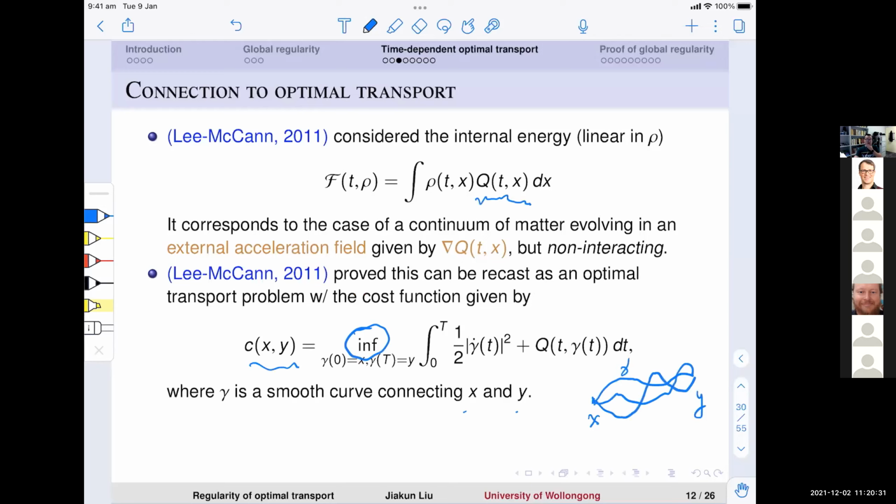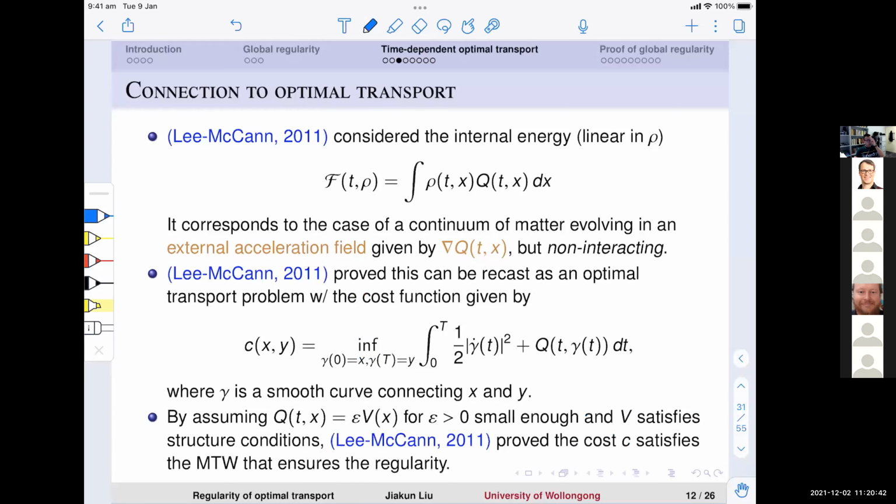So the infimum is the cost from x to y, that's c(x,y). So Paul Lee and McCann can formulate the above reconstruction problem as optimal transport with this specific cost function. Moreover, they assumed the external function q is given by epsilon multiplied by a function v, for epsilon small enough, and v satisfies some kind of structure condition, again some pretty long inequality.